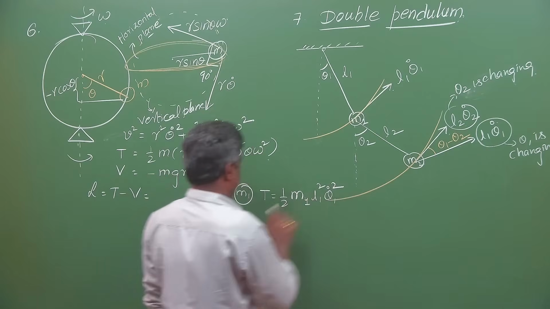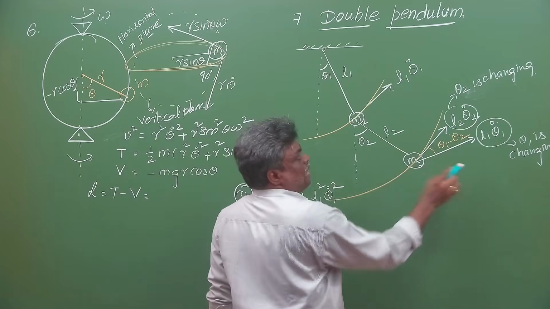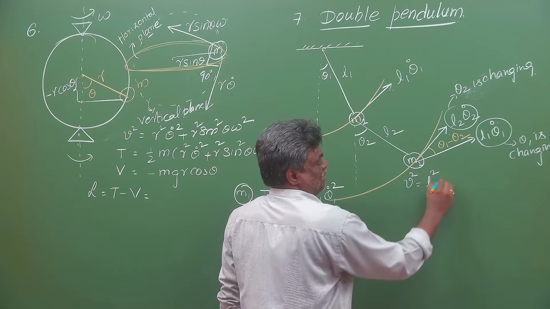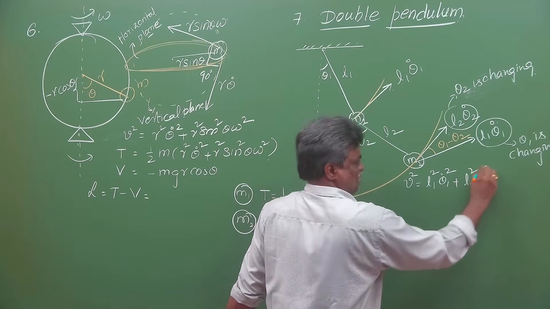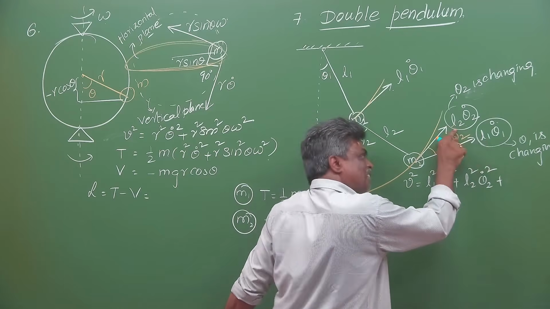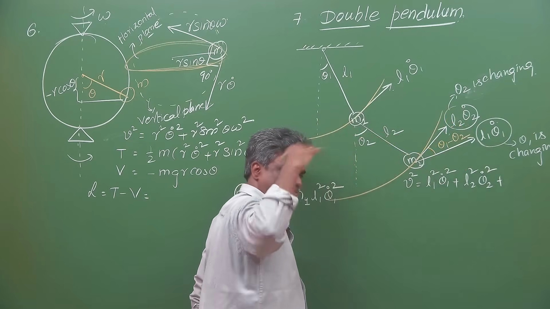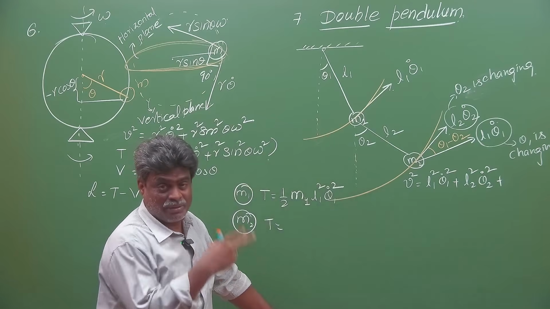Now, I am writing for M2, kinetic energy. M2, two velocities are there. Could you please tell me what is the resultant V square? Come on, start. If you just go back and see your notebooks, how much struggle you have done there.